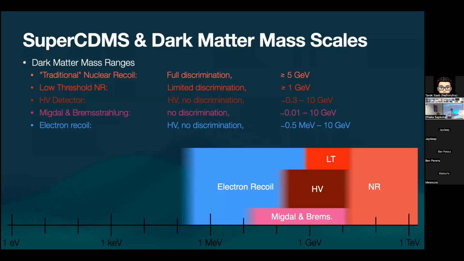And so down below a GeV, or 0.1 GeV, to the order of 1 MeV, what these detectors are really sensitive to is a class of particles that would interact with the electrons of the atom rather than the nuclei.